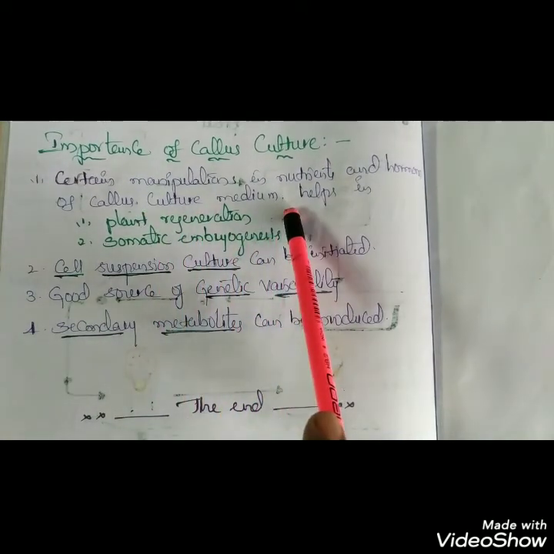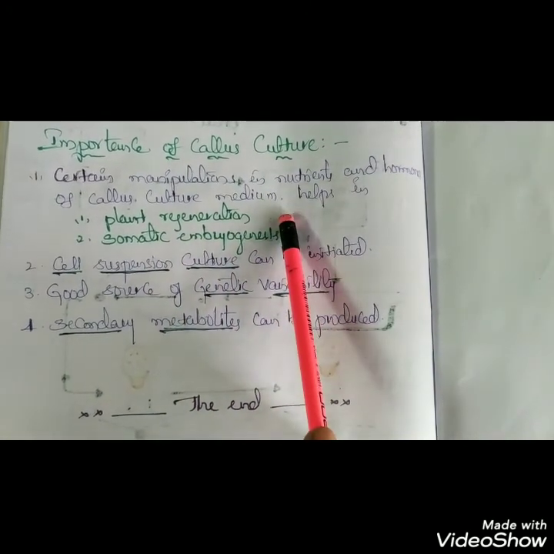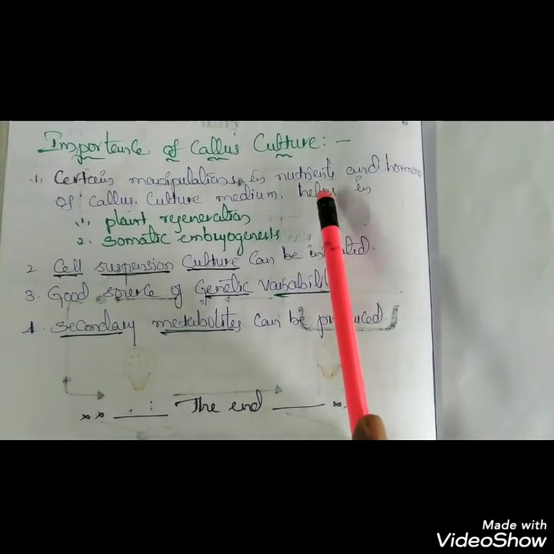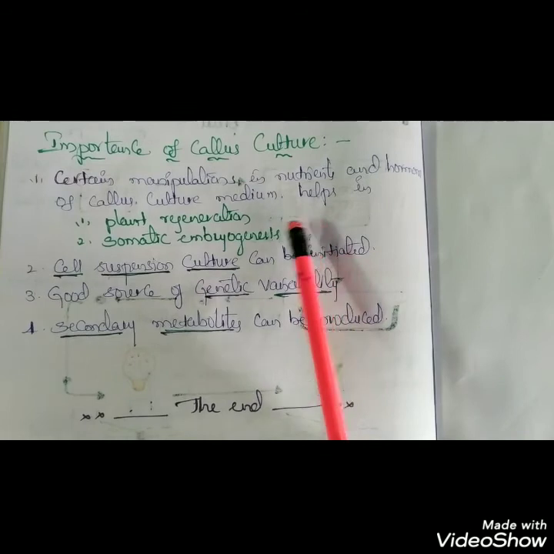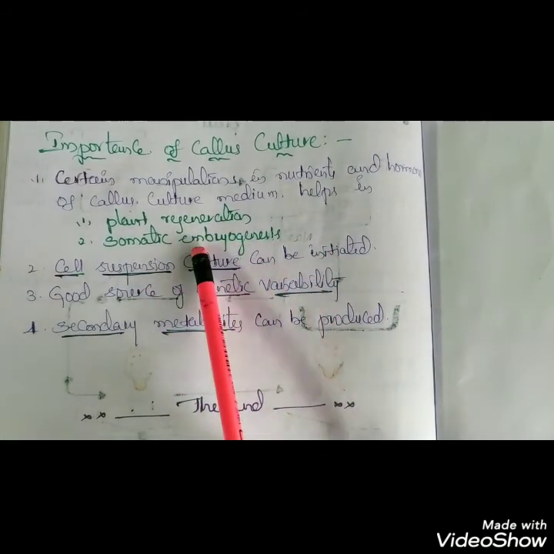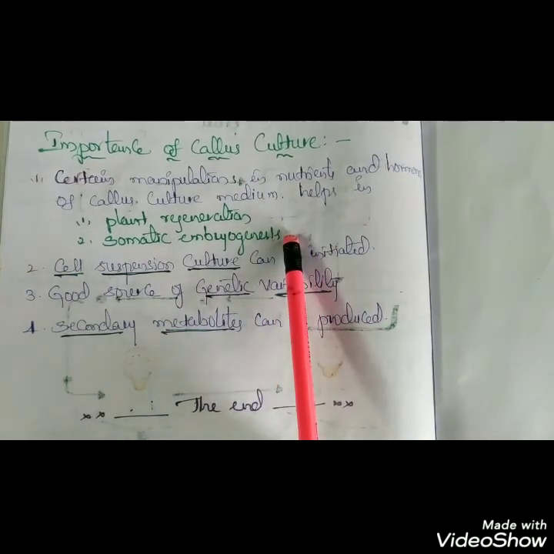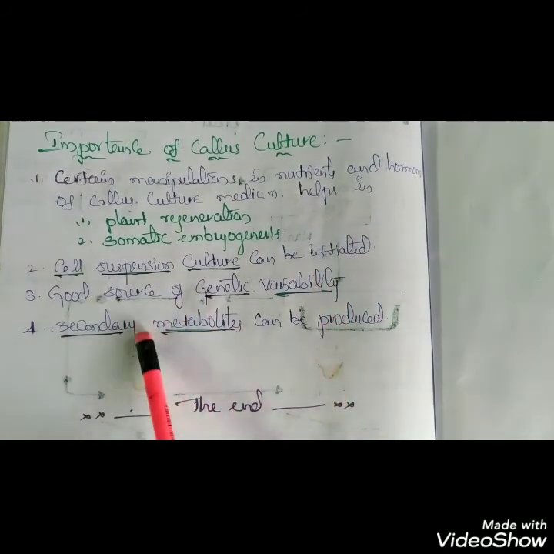In case of organogenesis, by maintaining auxin and cytokinin ratios, we can get shoots or roots regenerated. Whereas in somatic embryogenesis, we can get somatic embryos from callus. In both these cases, finally we will get the total plantlet.